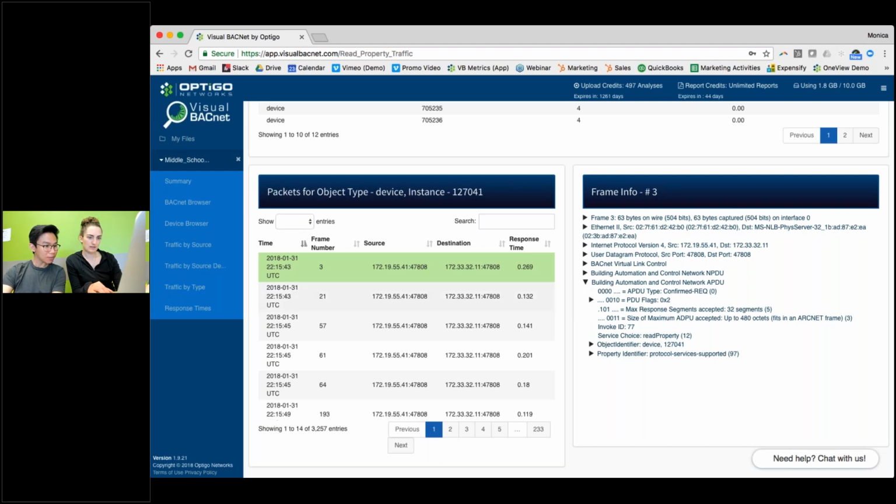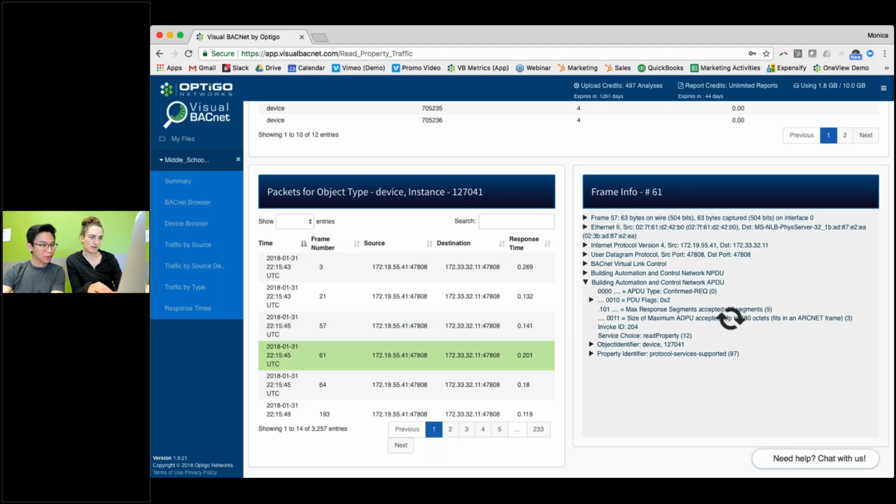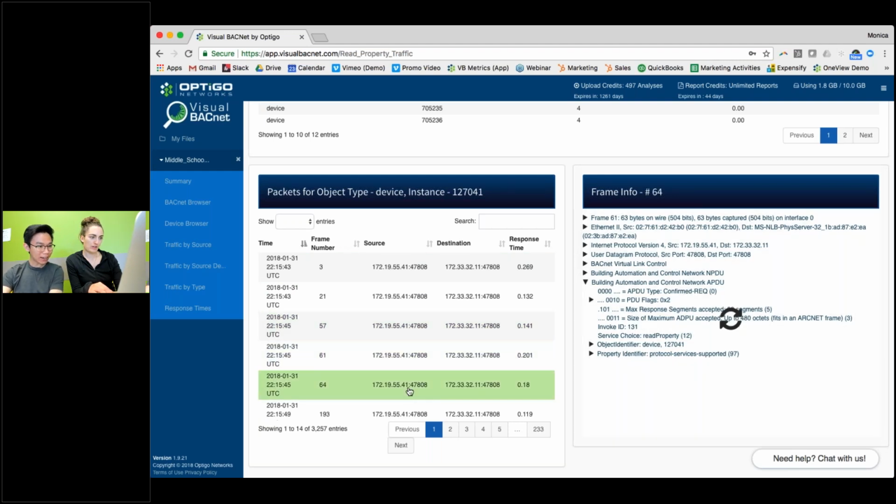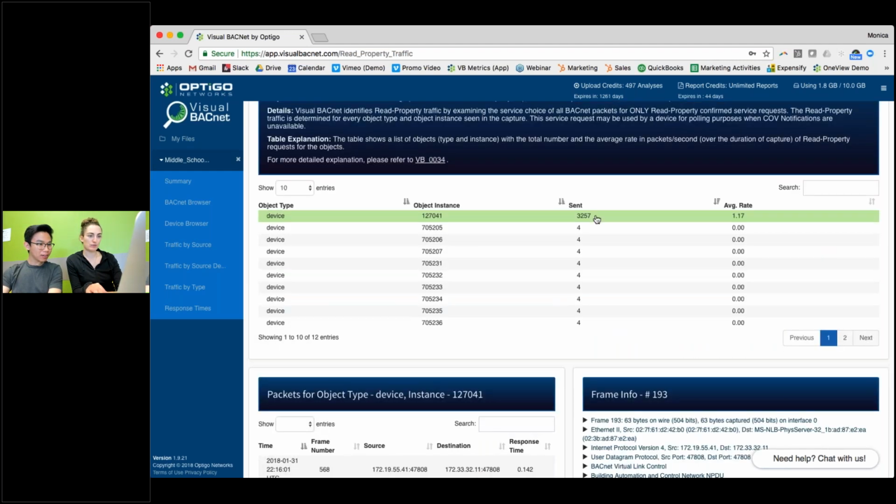So it's asking for what services are supported. And it's always asking for that, every couple seconds. Something to consider the configuration of, because it should not be doing that. And that will likely reduce your packets from 3,000 to 4. So that could be good.